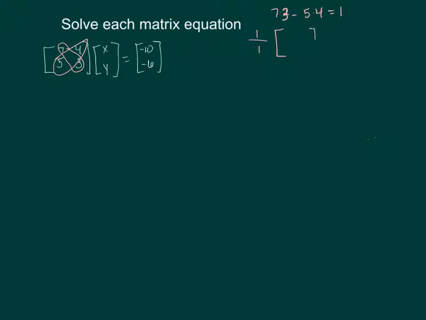And then we flip the A and the D, so 3 moves up, 7 moves down. The 4 and the 5 become negative. And of course, when we distribute the 1, it stays 3, negative 5, negative 4, 7. So that is our inverse.